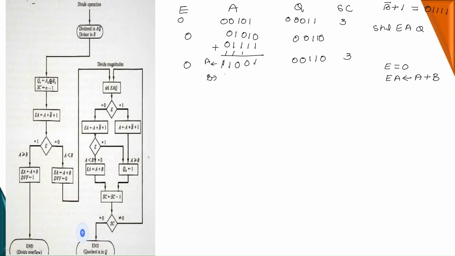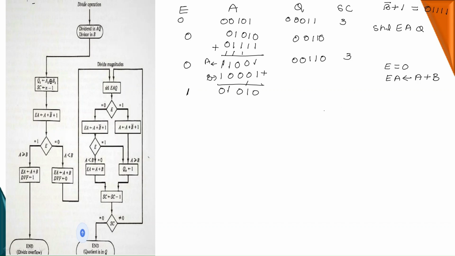So what is B? 10001, not B complement plus 1. This is just B. Add them, you get a value of 1010, and your E bit will be 1.